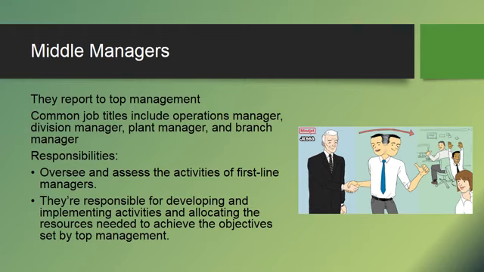So, in a way, middle management has to interpret what the top management wants and how to prioritize those things and distribute those tasks to the employees who can best manage those activities.